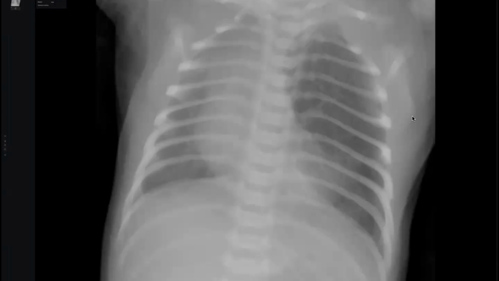With these septations, no septation, doctor, in the CPAM. No septation, and the CPAM will not cause this hyperinflation. What is the most common cause of hyperinflation in pediatric age? Number one, congenital lobar emphysema and foreign body inhalation. Okay, like this, you are in the correct pathway. What will you do next? CT. Okay.